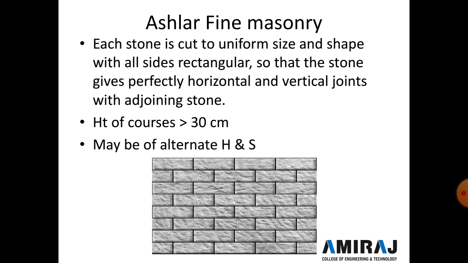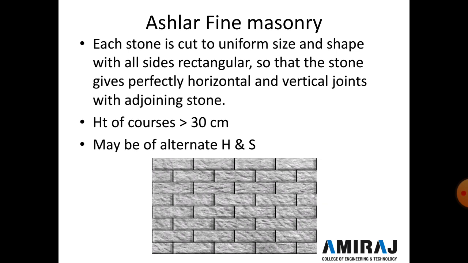So here one layer height is 30 centimeters, meaning more than 1 foot, and may be alternate H and S. So what is H and S? H and S is header and stretcher. So ashlar fine masonry generally looks like brick masonry.